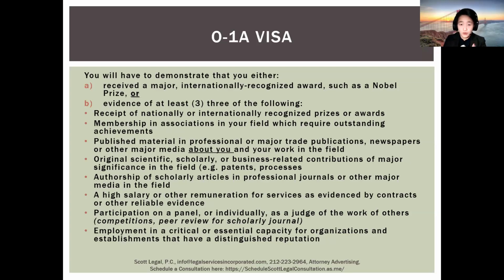Let's say you're an active contributor to a major tech publication like TechCrunch, and that has been published and has earned a lot of references in your field, that could also help to meet this criterion. So a variety of evidence that shows you have published your own material in those major media could qualify.